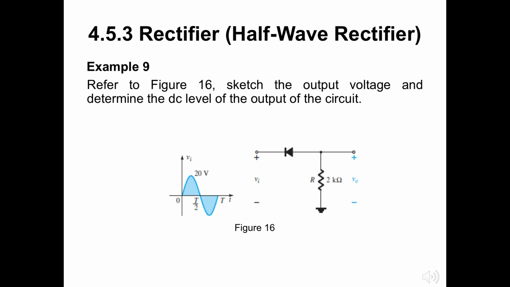On the left we understand that Vm in Vi is 20 volts, and a 2 kΩ resistor is used in the circuit on the right. Careful here with the polarity of the diode and the Vi. Is the diode in forward biased mode or the other one?